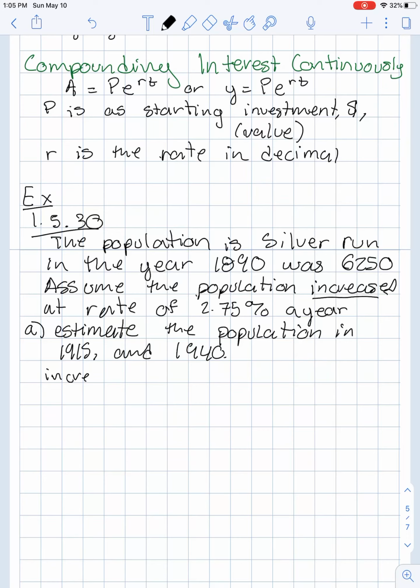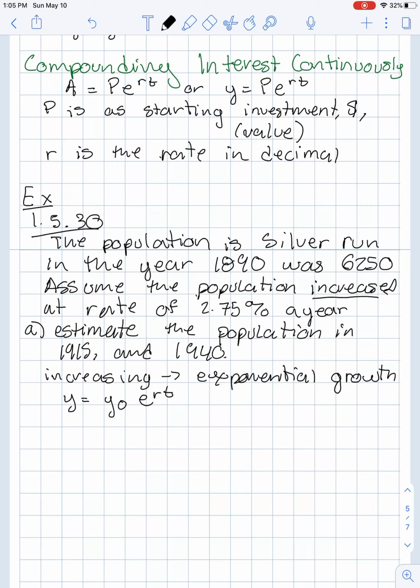So population, it's increasing. So increasing implies we're going to use what? Exponential growth.